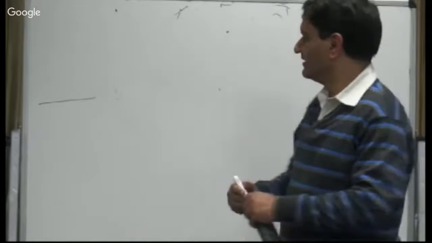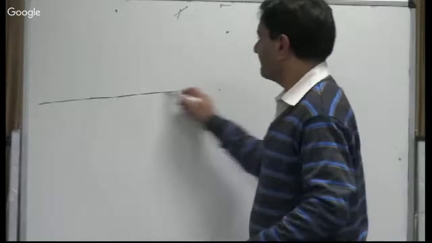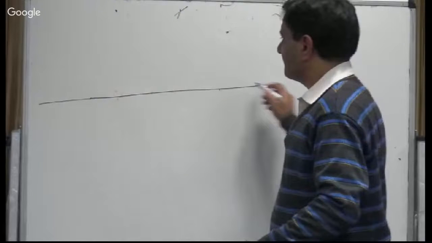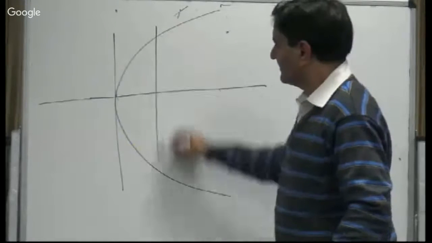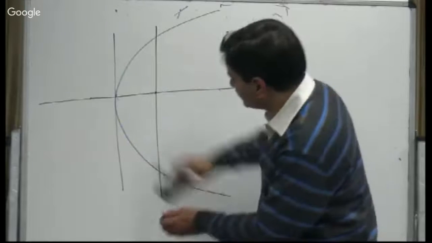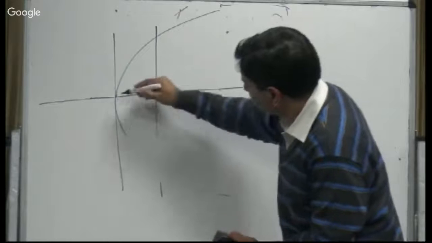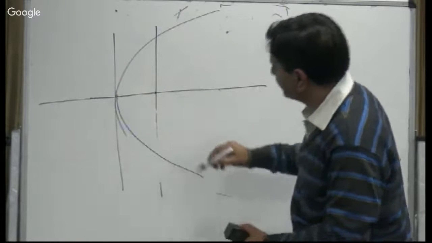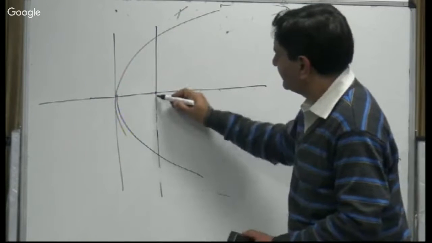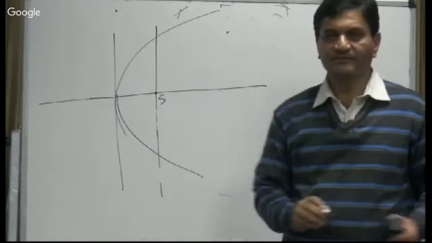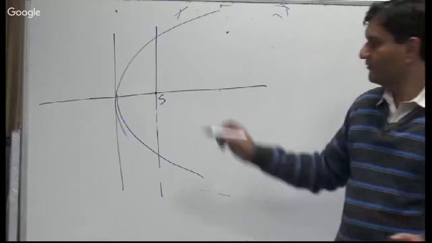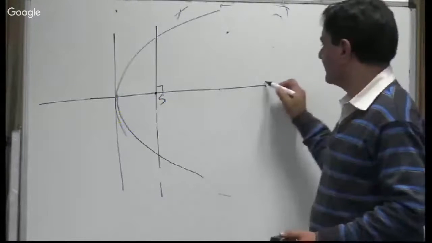See, again we can look at this curve. It has to be symmetrical, so we draw it like this. This is the focus. If you draw a line, it is a double ordinate passing through the focus and perpendicular to the axis.